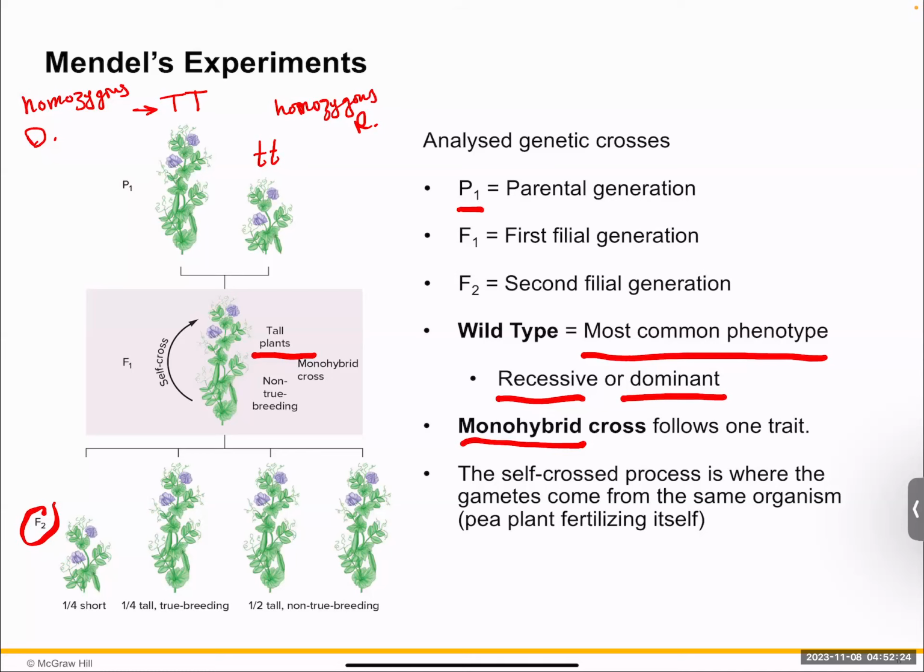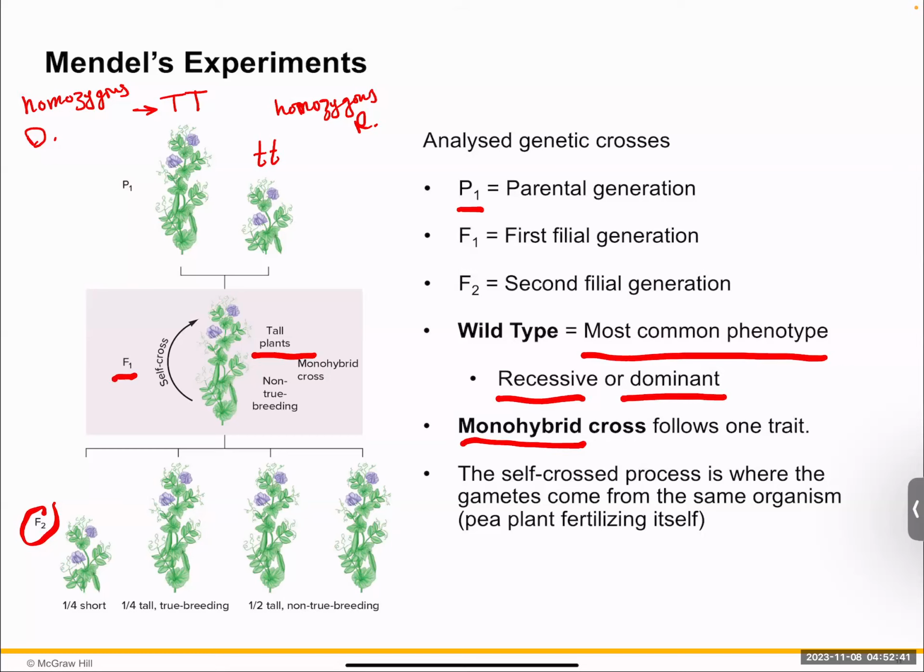Now, as F1 starts to grow, what we can do is self-crossing. So self-crossing, again, as I implied, basically means you are fertilizing yourself, so both genetic sets of information come from one parent.